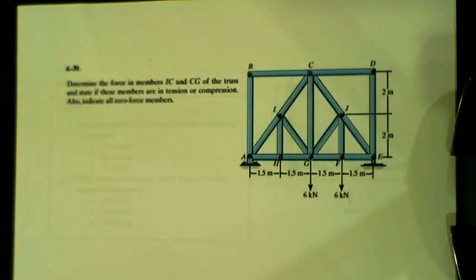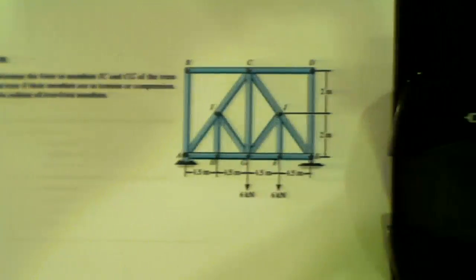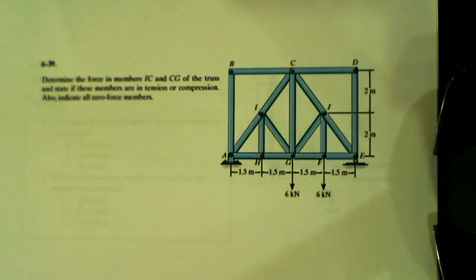So for our first one, let's try and get that thing focused a little better. It says, determine the force in members IC and CG of the truss and state if these members are in tension or compression. Also indicate all zero force members. First thing I always do is highlight which ones I'm looking for.